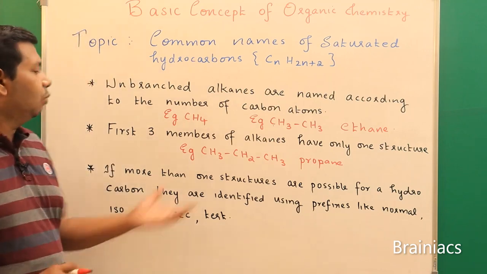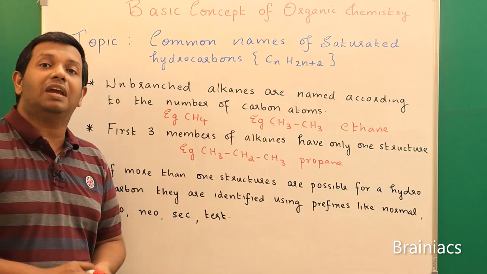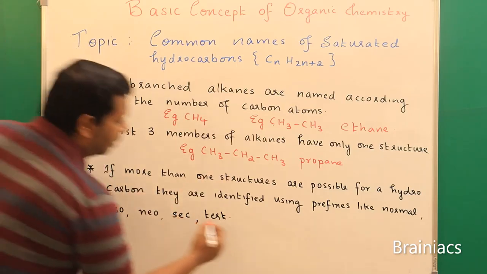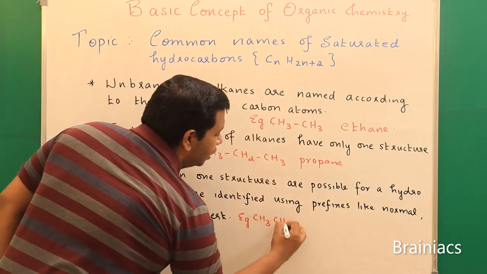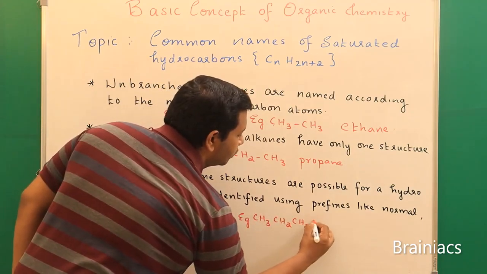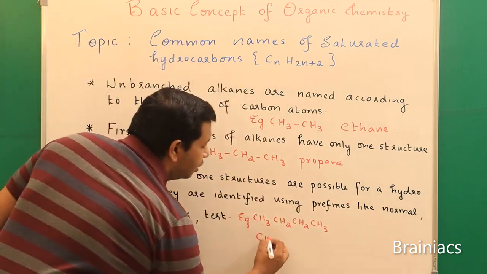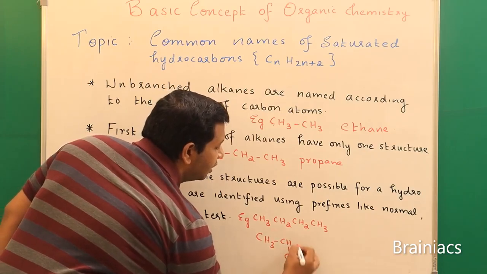Now what happens if it is butane? Butane can have branching. Let's see how. If I draw butane in this way, CH3, CH2, CH2, CH3, you know this is butane. Suppose somebody draws it like this, CH, CH3, CH3.